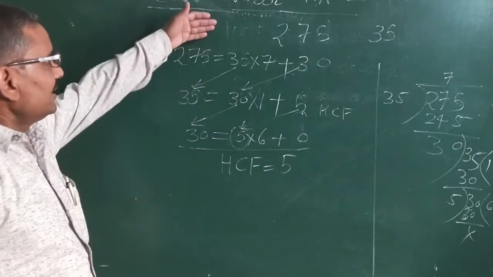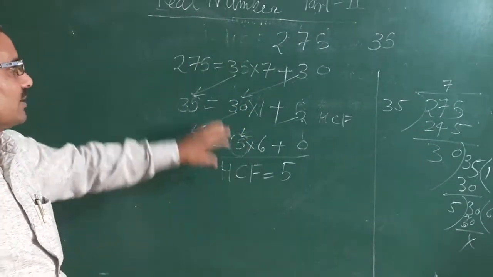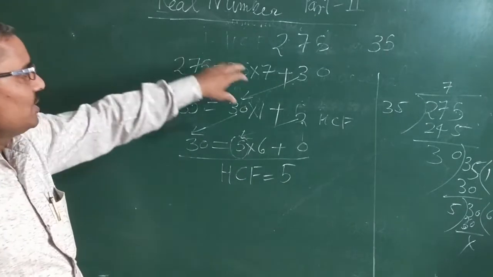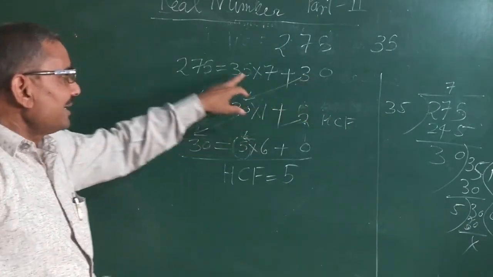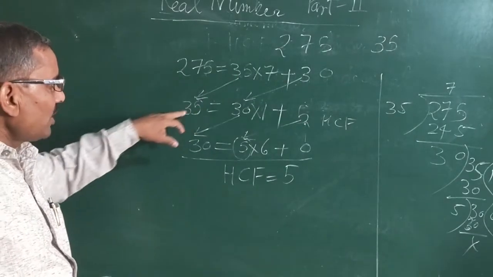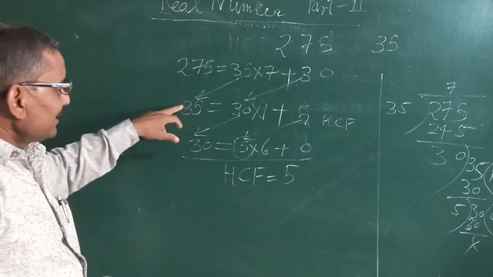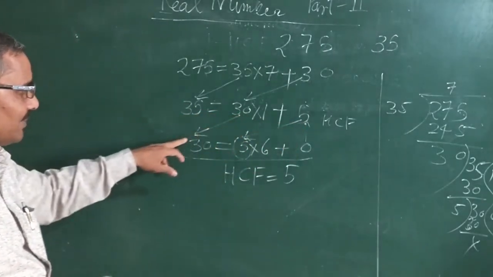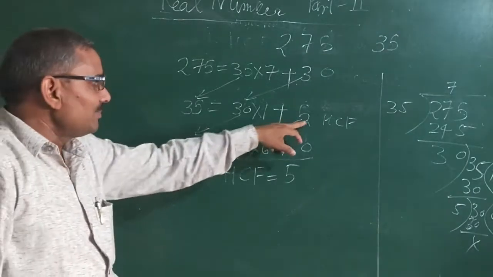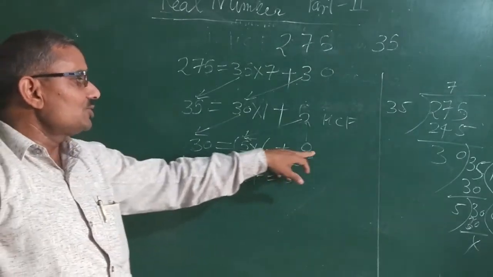Now this is with the help of Euclid's division lemma. 275 is equal to 35 into 7 plus 30. Again 35 will play the role of A and 30 will play the role of B, and then 35 is equal to 30 into 1 plus 5. Again 30 will play the role of A and 5 will play the role of B. Now 30 is equal to 5 into 6 plus 0.